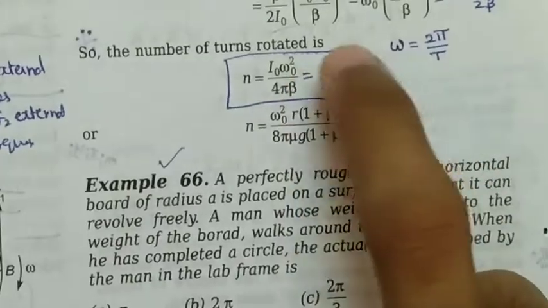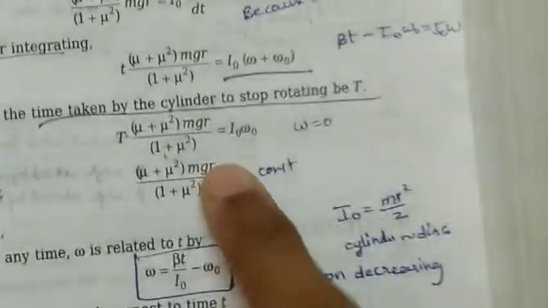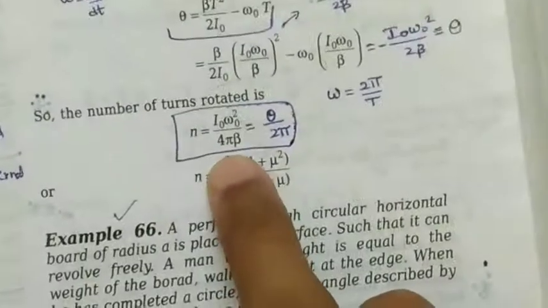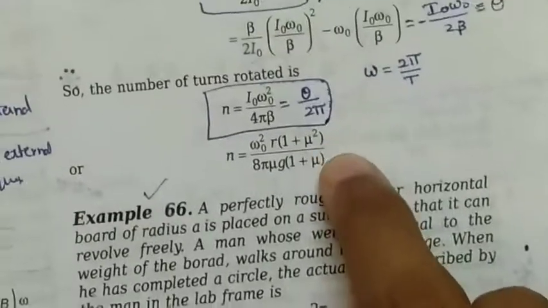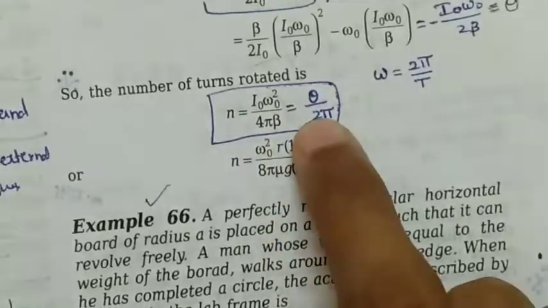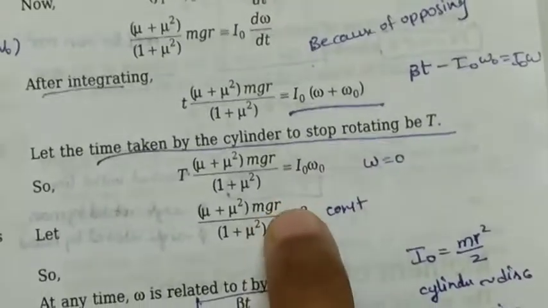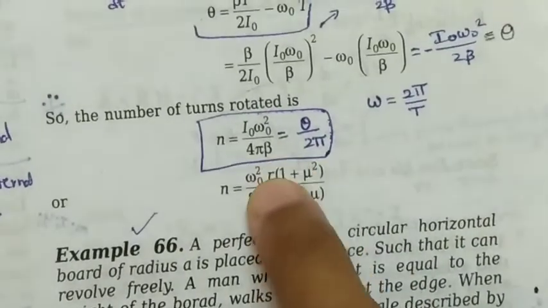So here m would be there, but from beta also we are having m g r in the numerator, so m would get cancelled. Here r square would be there, and from beta in the denominator r and here r would get cancelled.